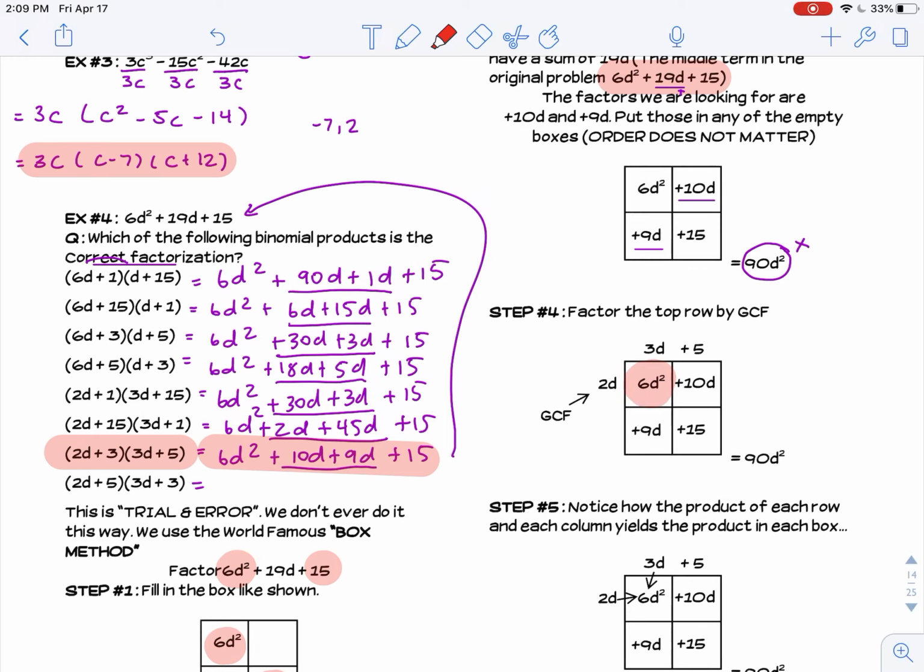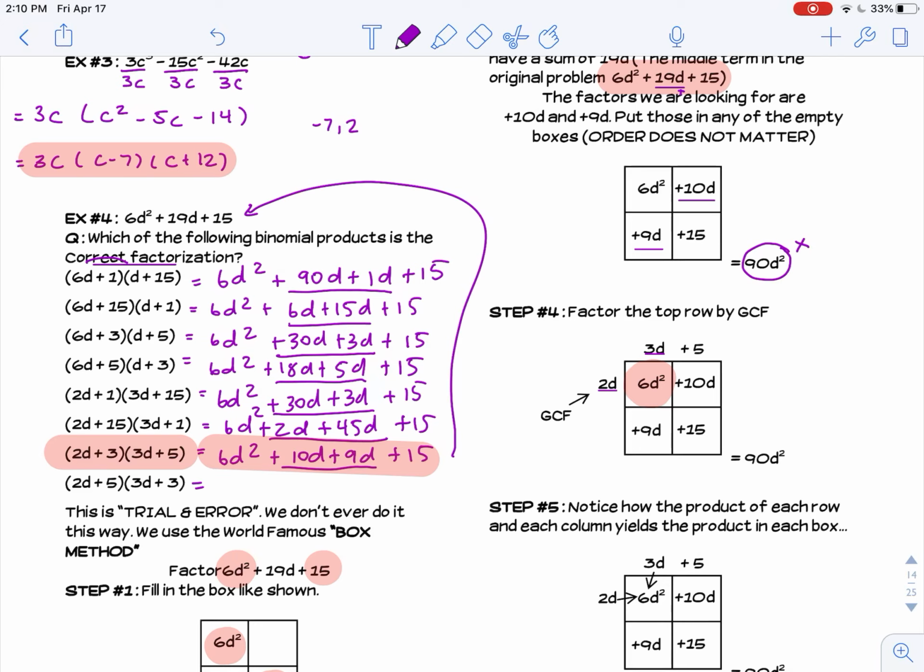What two numbers multiply to equal 6d squared? This is where there's a little trial and error. I know that 3d and 2d multiply to equal 6d squared.